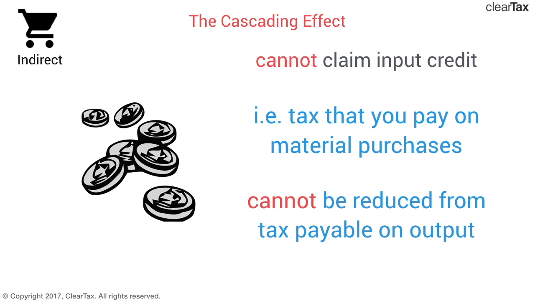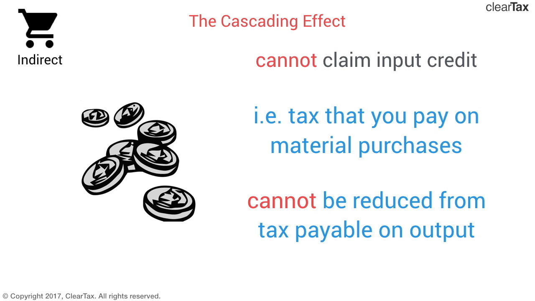And this tax already paid by them cannot be claimed or reduced from their output tax, that is the tax that they'll have to pay on their sales. This is input credit: taxes paid on purchases can be reduced from taxes payable on sales.